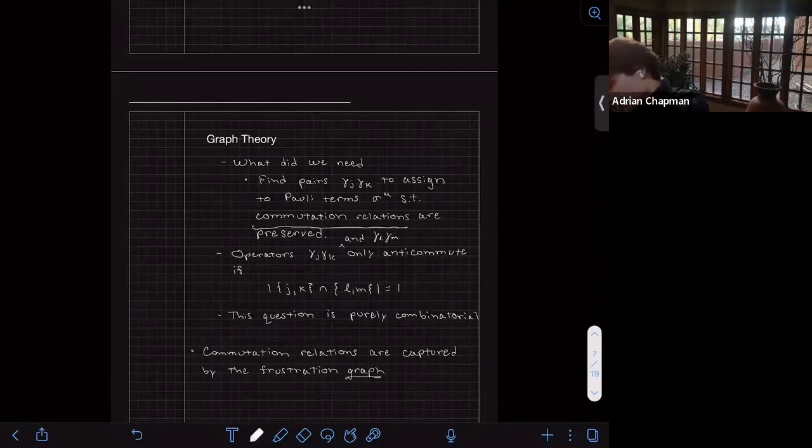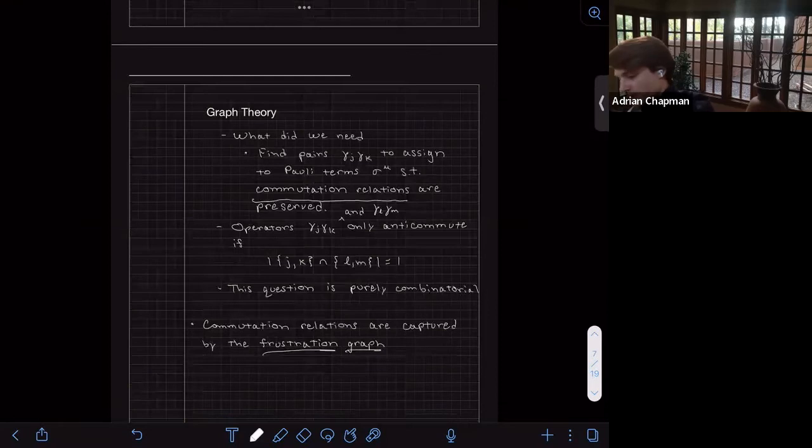Right. So this is defined as a graph, G of H, defined as a set of vertices connected by edges.